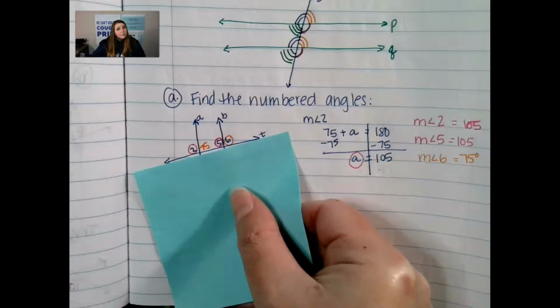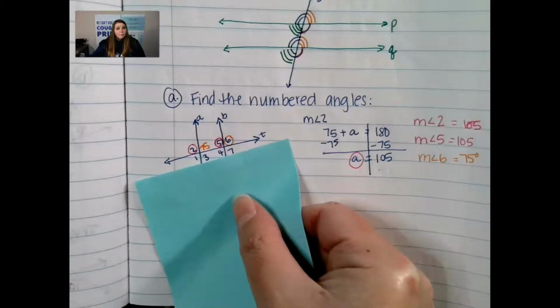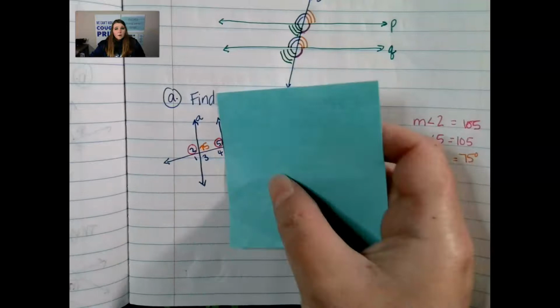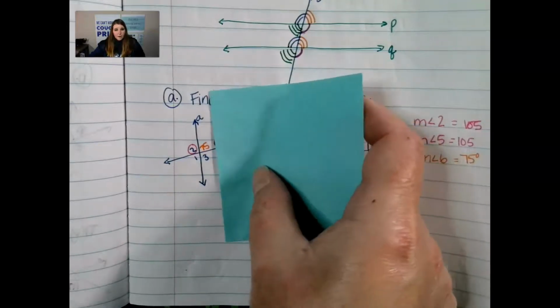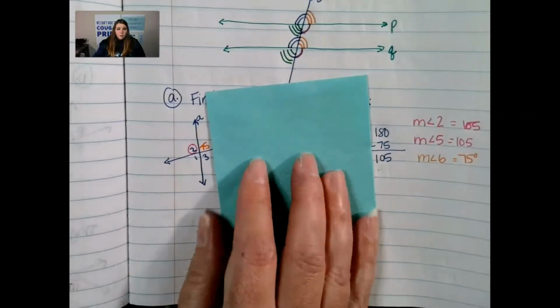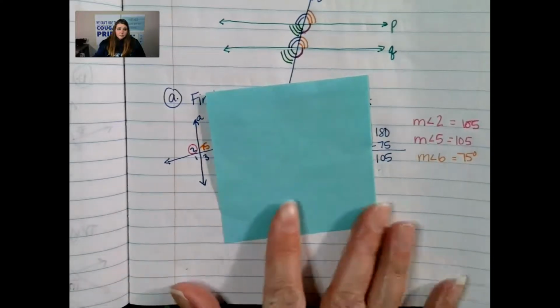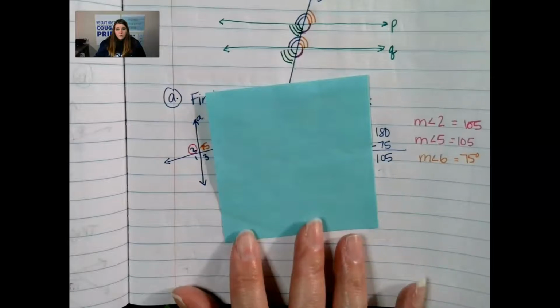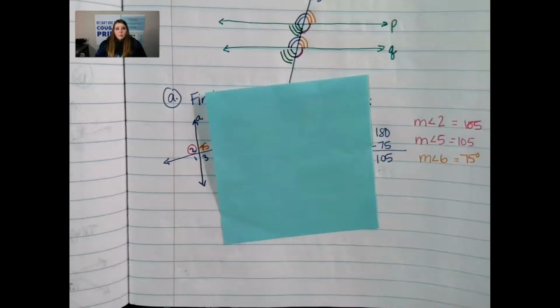So we need to look at the numbers on the bottom and use what we know about lines. Well, we know about vertical angles, right? So let's talk about verticals. What do we know about verticals?